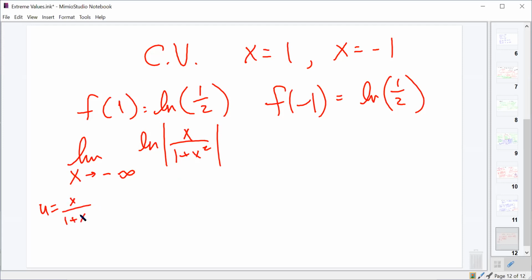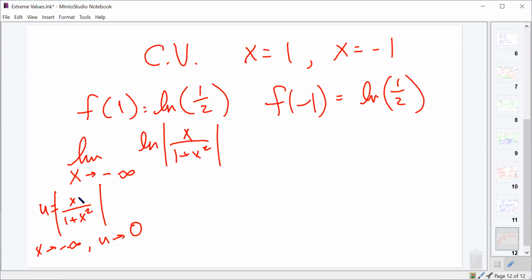As x goes to -infinity, what does u approach? And we'll do it with the absolute value. What does u approach? Zero. It should be 0, right? That's just the horizontal asymptote of a rational function.